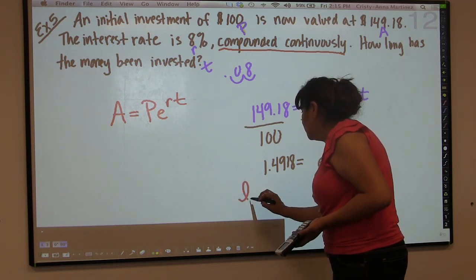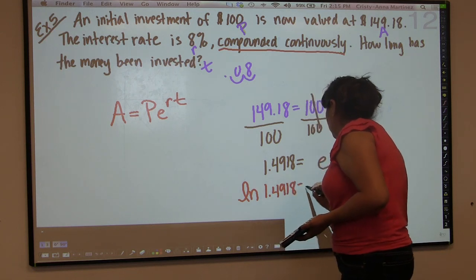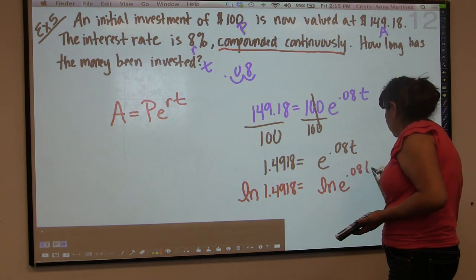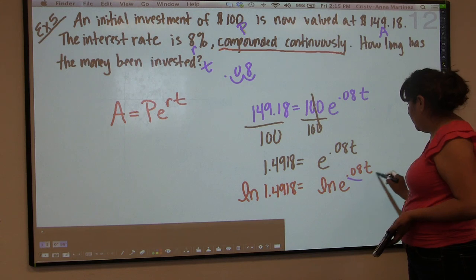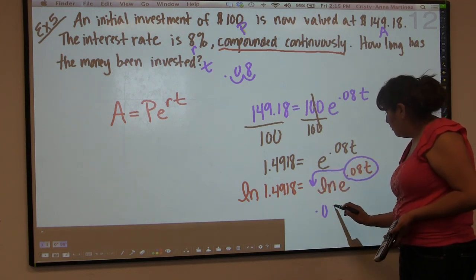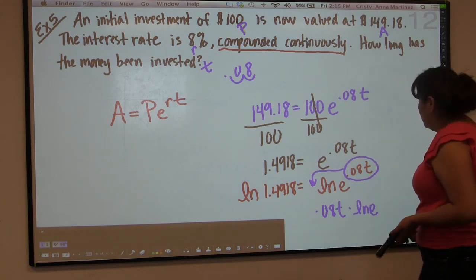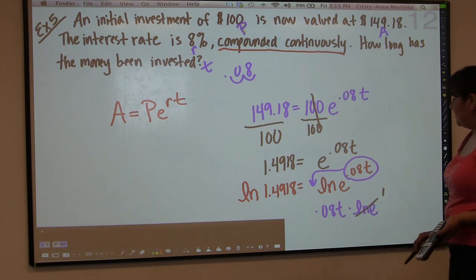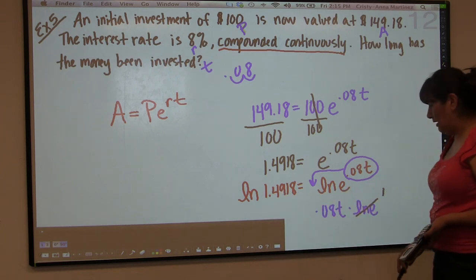Now if you take the log of both sides, I'm going to do the natural log. So ln of 1.4918 will equal ln of e to the 0.08t. Because of the power property, the 0.08t will come in front. So this will be 0.08t times ln e, and we already said that ln e is the same thing as 1. So really all you have is 0.08t on this side and ln 1.4918 on the other side.